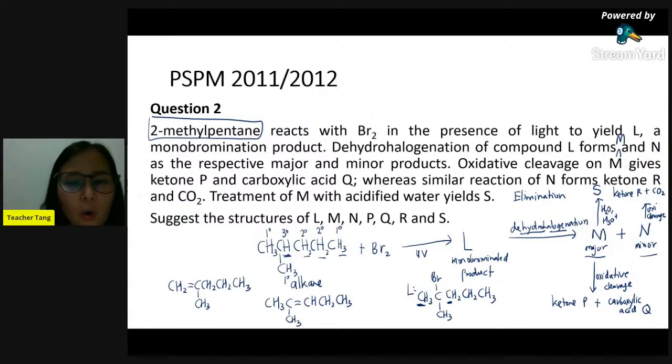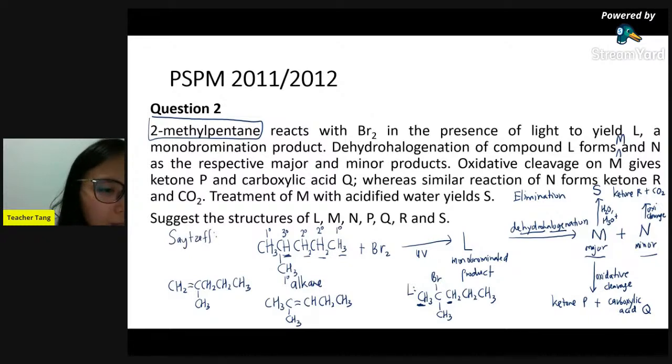Which one is the major and which one is the minor product? Remember, we use Saytzeff's rule to determine it. So circle the carbon-carbon double bond. This one has two hydrogens, so therefore this is di-substituted.